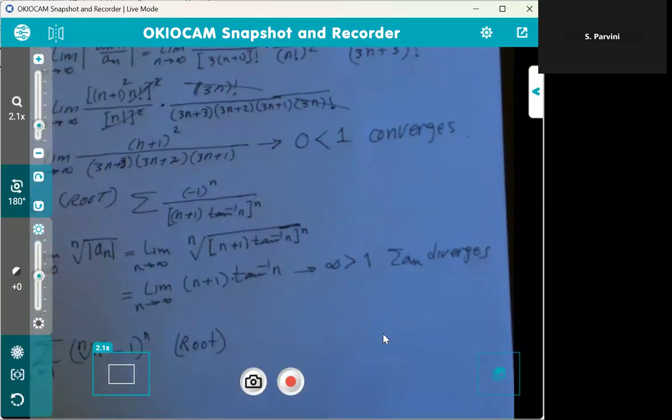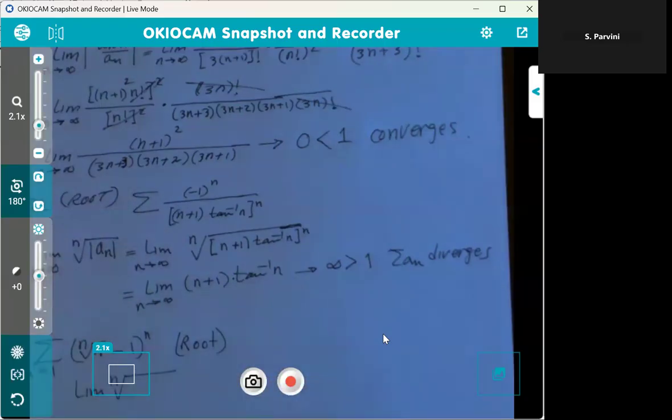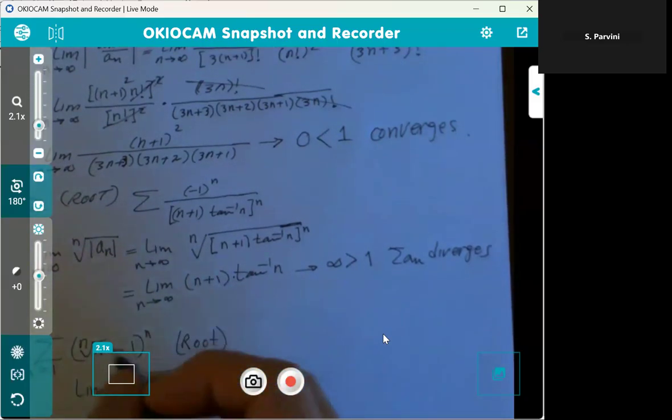We're going to choose the root test. So this is going to be the limit of the nth root of the absolute values, which is going to be the nth root of the nth root of n minus 1 to the nth power.